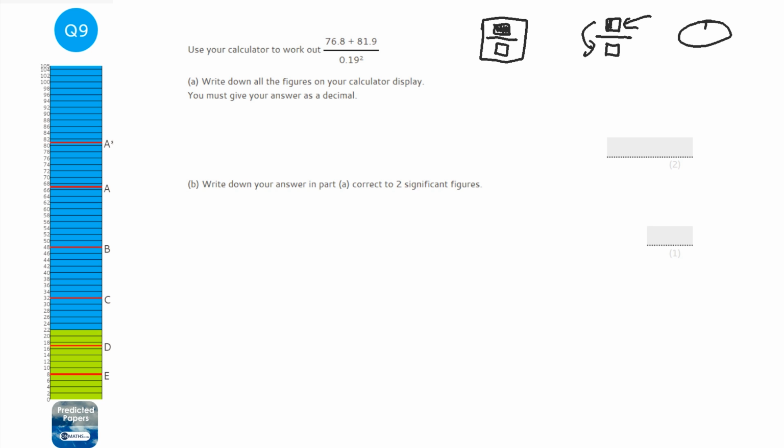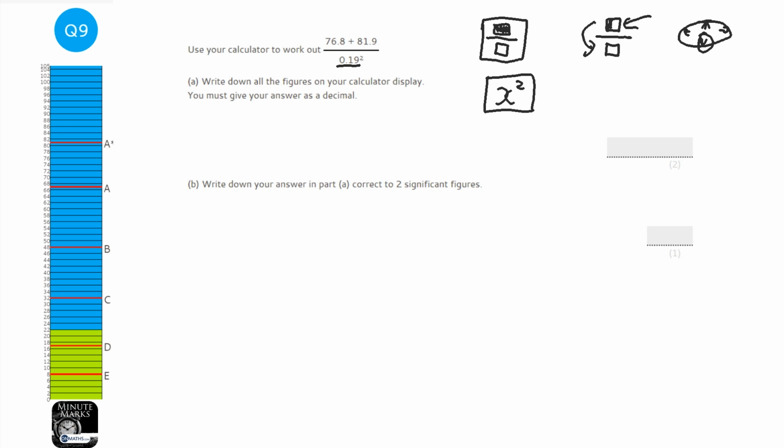Okay, and so to shift downwards on the Casio calculators, there's a sort of cursor stick, a direction button thing. It's the big blue button beneath the screen on most of the calculators, and you just push the down to go to the denominator of the fraction. And then we need to fill in this bit here, so 0.19, and then to get the squared button, it's on like that.